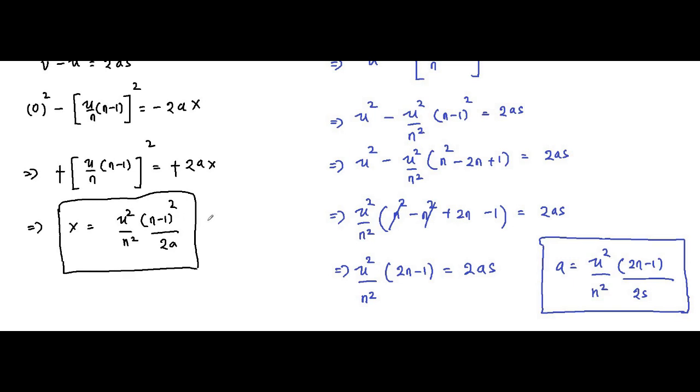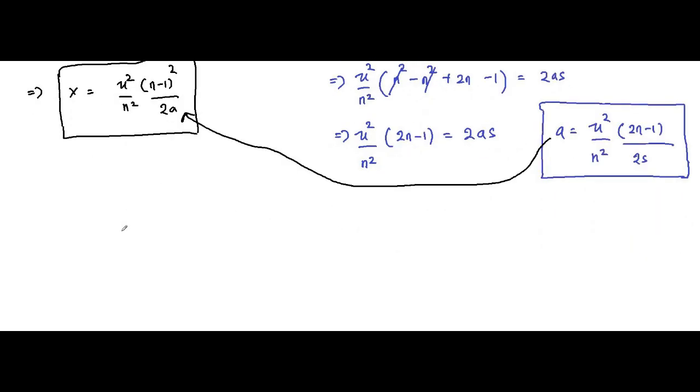This much distance it will penetrate. Now we can substitute the value of a here. So please be careful while doing it, because now we will put this value of acceleration which we previously calculated here. So please be very careful when you are putting the value.